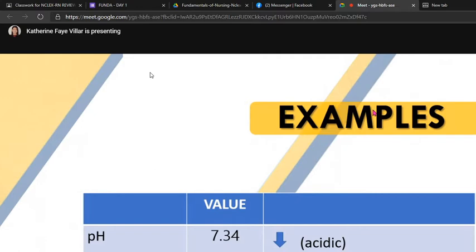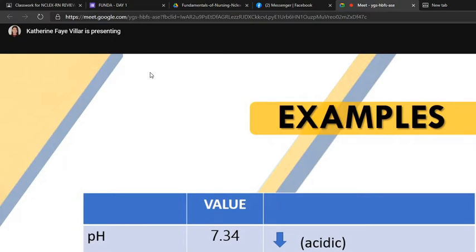Kung maalala po ninyo, 7.35 to 7.45 for pH, 35 to 45 for PCO2, yun yung partner values. But when it comes to analysis kung alkaline or acidic, ang partner po dito is yung pH and yung bicarbonate. Kabaligtaran po niya ito. Okay? So, PCO2, in this case, acidic siya.